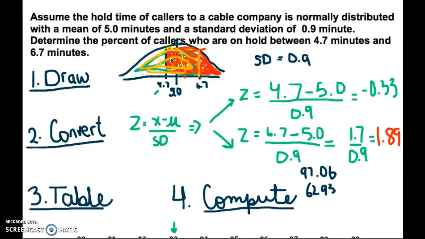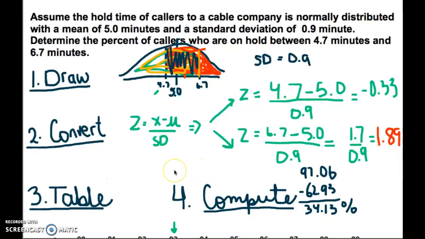So basically you want to find the value in between. So we're going to take that 97.06 and subtract 62.93. So my final percentage is 34.13. So that would tell me that 34% of calls are on hold between 4.7 minutes and 6.7 minutes.